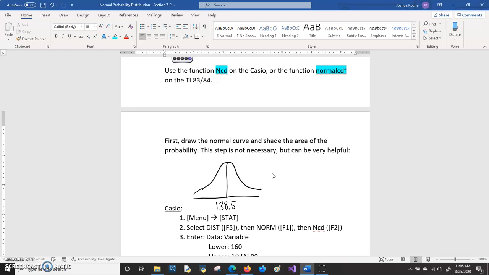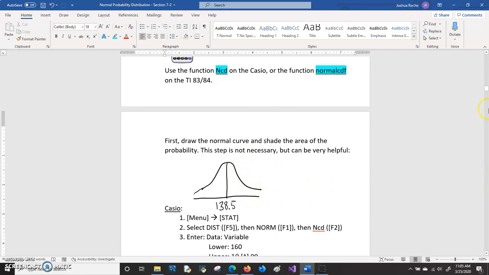Mean was 138.5. Remember that on the curve, the x values are getting smaller on this side. If we were to go forever in this direction, this would be going towards negative infinity. If we were to continue to the right in this direction, we'd be going towards infinity.